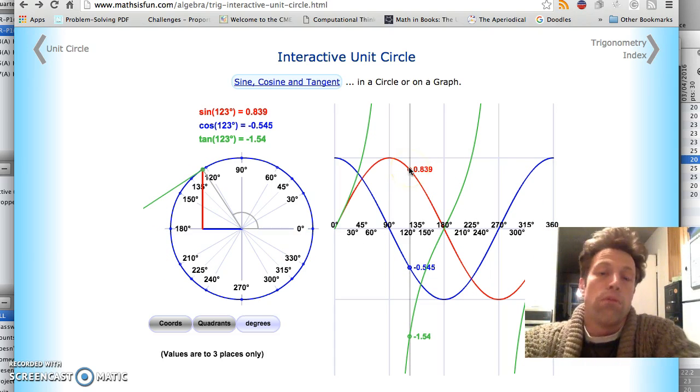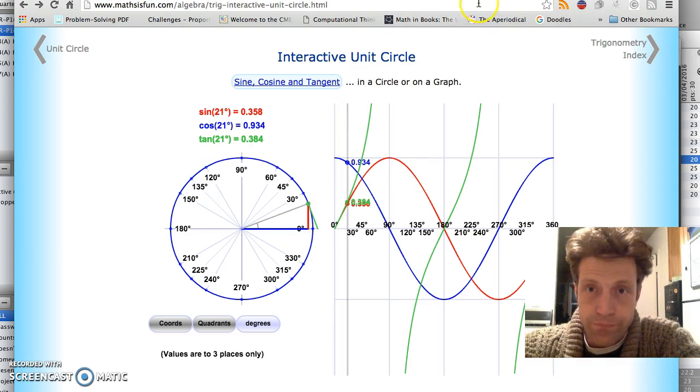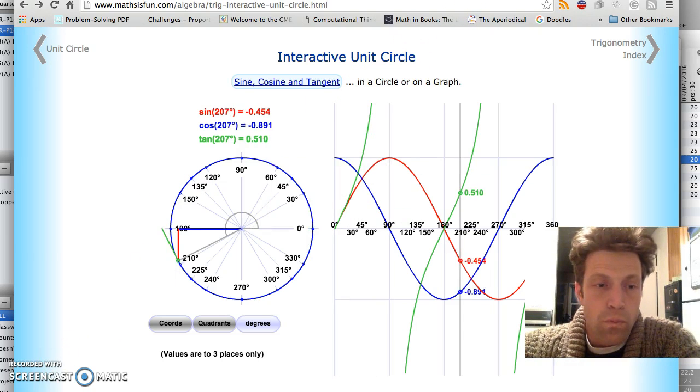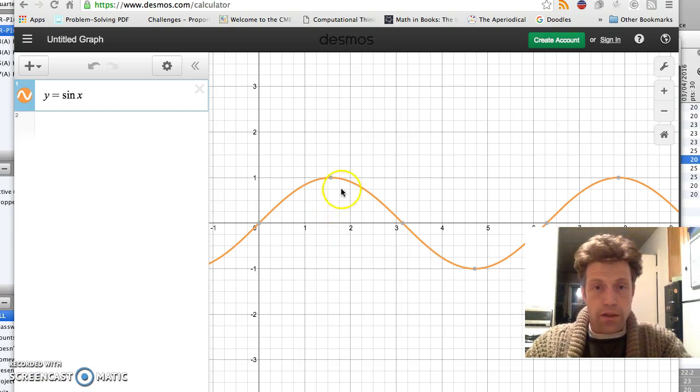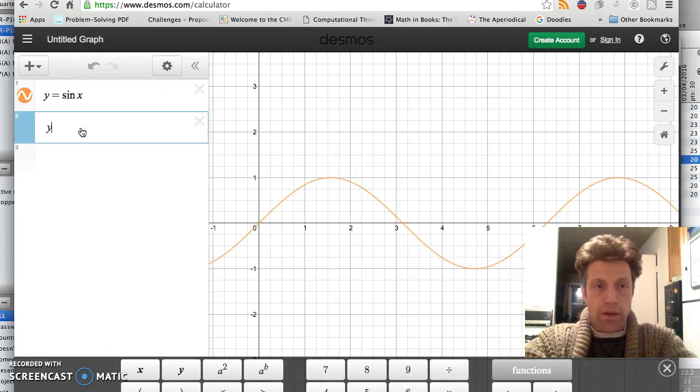So that's one way of looking at this. The next thing to do is to answer some easy questions. One is, what's the midline? Well, remember the midline just cuts right through the middle. This thing maxes at 1 and minimizes at -1, so the midline is going to be y equals 0.